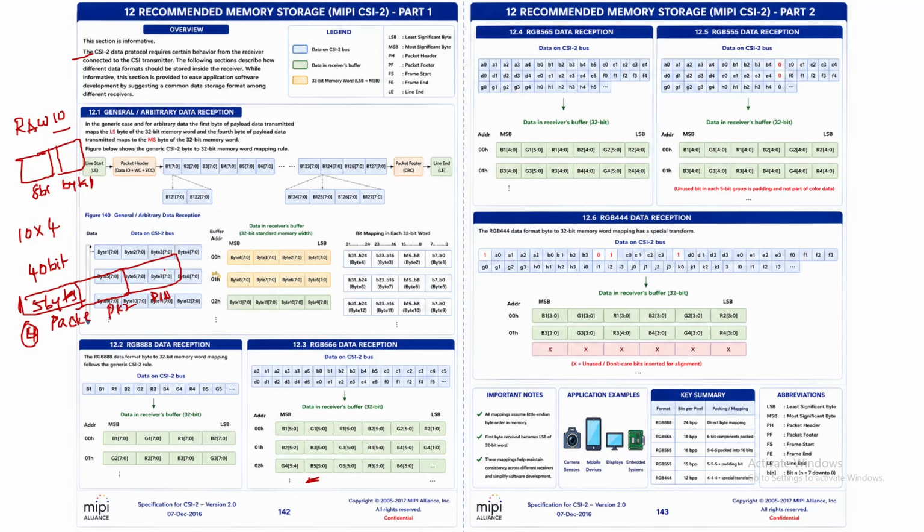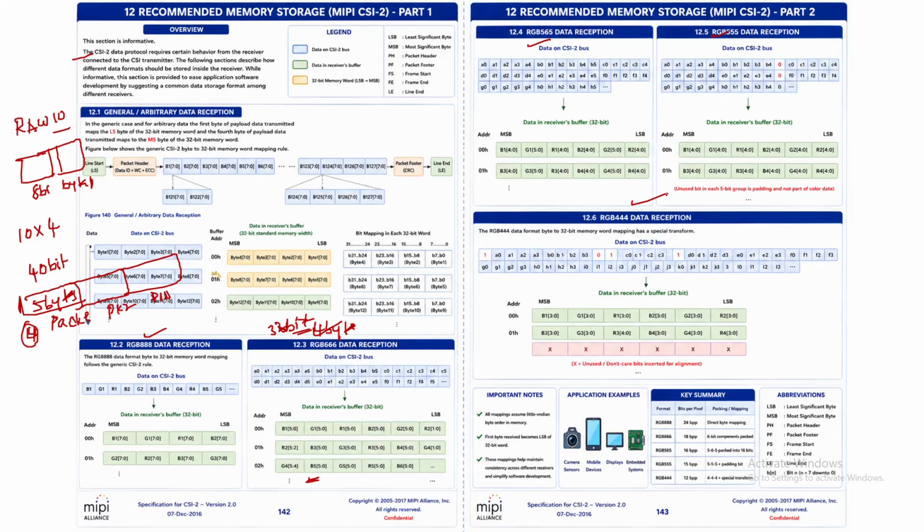Suppose you are transmitting 32-bit data, a 32-bit word. That means we need 4 bytes of data. So if you are transmitting 32-bit data, 4 bytes need to be transmitted from the transmitter to the receiver side. See how the restriction is there: RGB data, then RGB666 data, or RGB565 data, 555 data, and then 444 data.